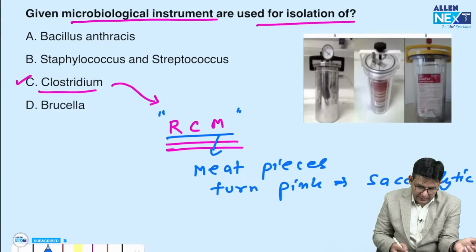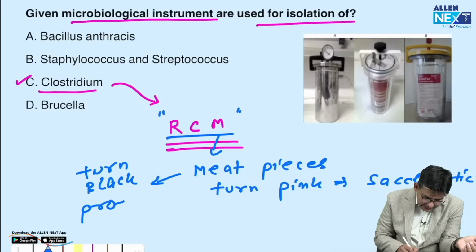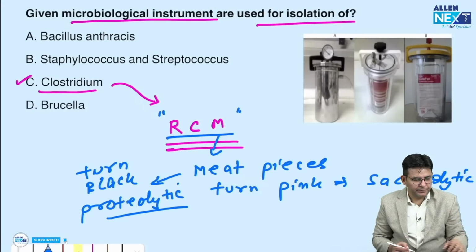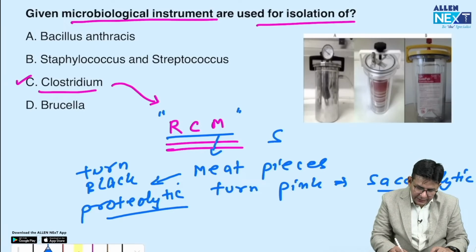If the meat pieces turn black, that is termed as proteolytic. So Manisha, I've told you, RCM. When meat pieces turn pink, that is termed as saccharolytic.